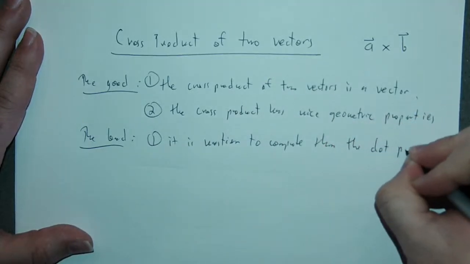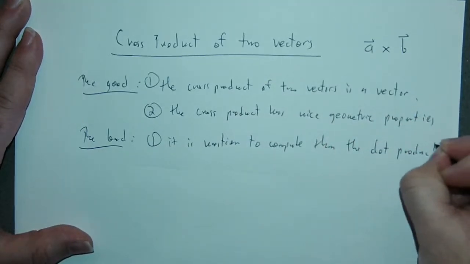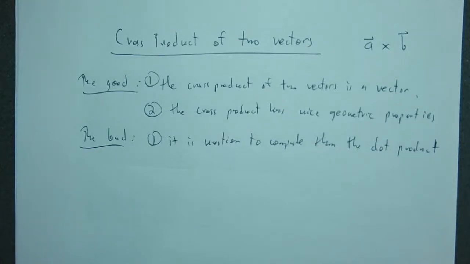While the dot product is really, really straightforward and simple to compute, the cross product is actually a little nasty. The dot product is something that basically after you've practiced a little bit, you can look at two vectors and do the dot product in your head, if the numbers aren't too bad.